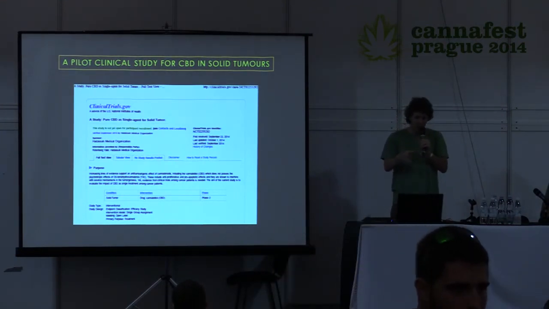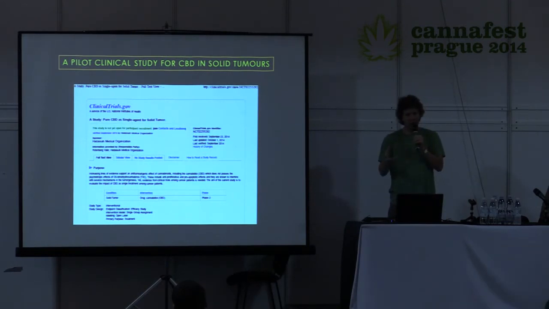So most likely this trial will not give us a very precise set of data on whether cannabinoids can be effective in a precise type of cancer. Because if they are going to enroll some 60 patients, there will be, for instance, 6 with breast cancer, 8 with prostate cancer, 4 with colorectal cancer, 2 with pancreatic cancer, etc. But the advantage of this trial is that it will cover a large array of different types of tumors.